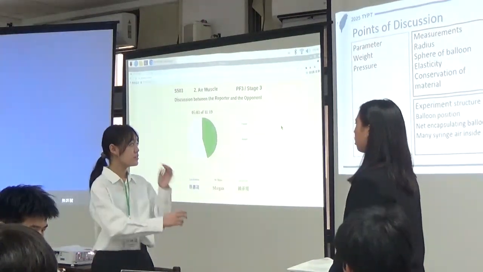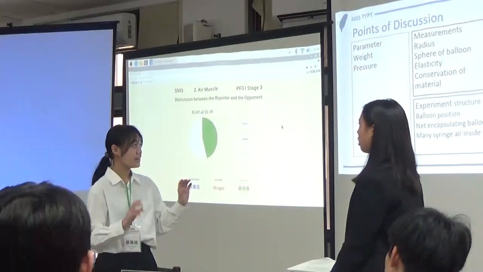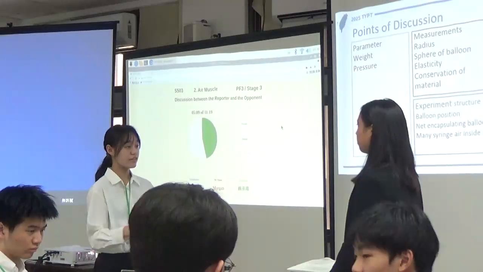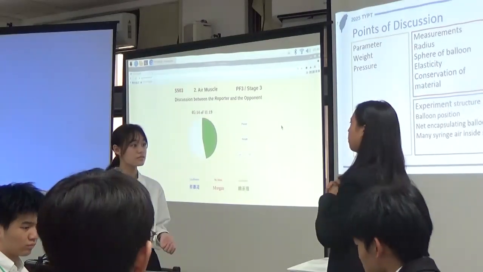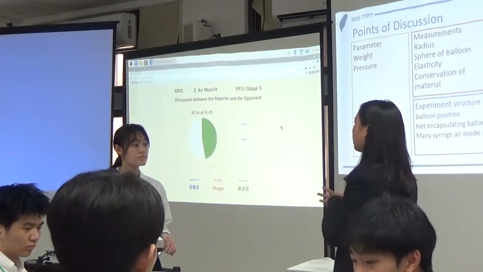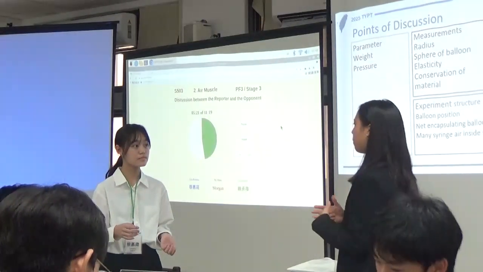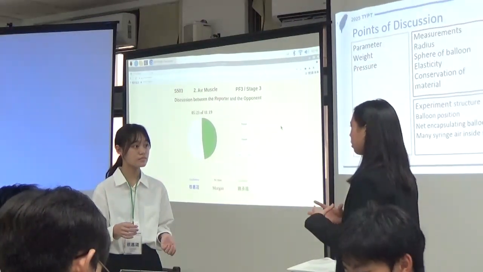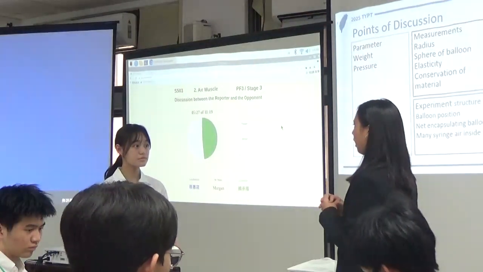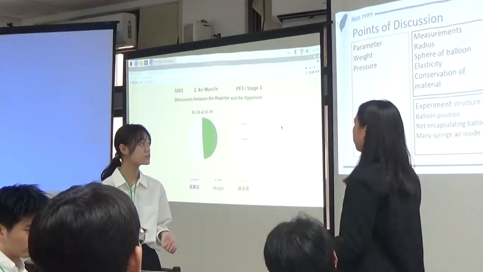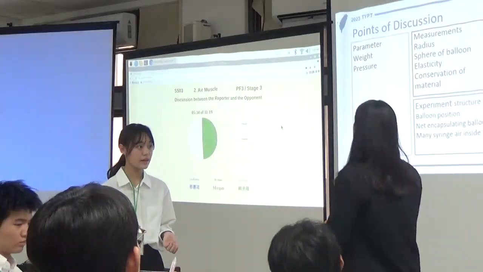We assume the ideal gas law because, even though it's not ideal, it is a theoretical model, so it is just an assumption. Did you account for how, as you add more pressure and air into the system, more molecules are added, therefore it would speed up the molecules inside of your balloon? So you didn't account for this. Yeah, and this may also affect your ideal gas law calculations. Do you agree? Yeah. Okay.